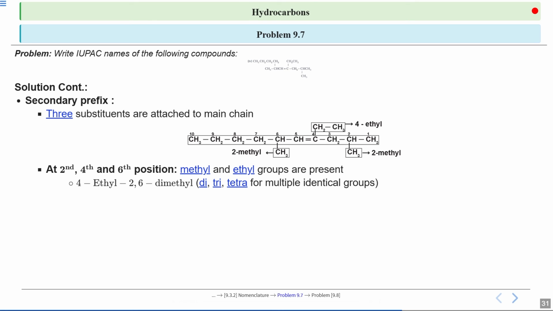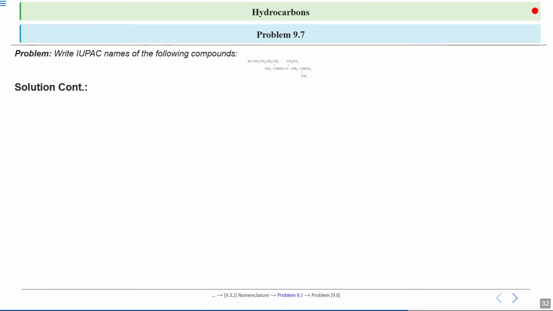What are the names? We have methyl and ethyl. There are 2 methyls on 2 and 6, and 1 ethyl on the 4th. Therefore, the complete secondary prefix will be 4-ethyl-2,6-dimethyl. We are using di for 2 methyls. Now continuing further, we have to put all of these parts together.